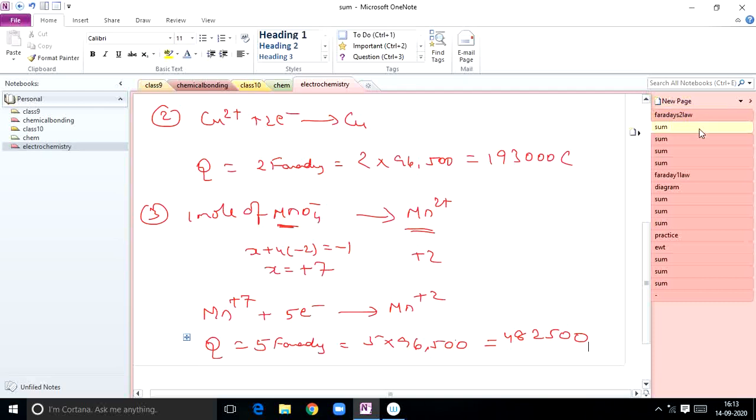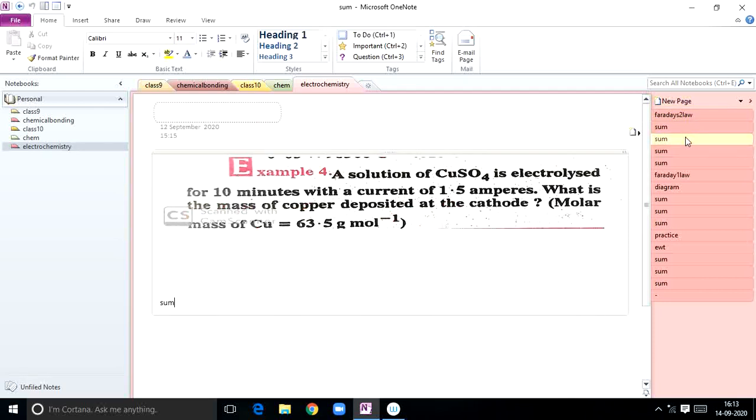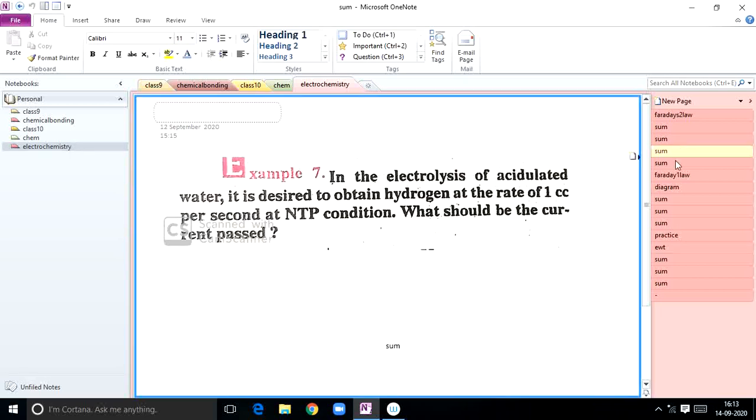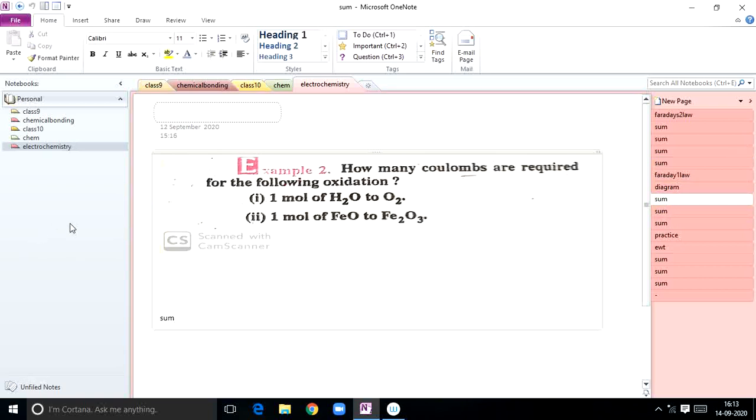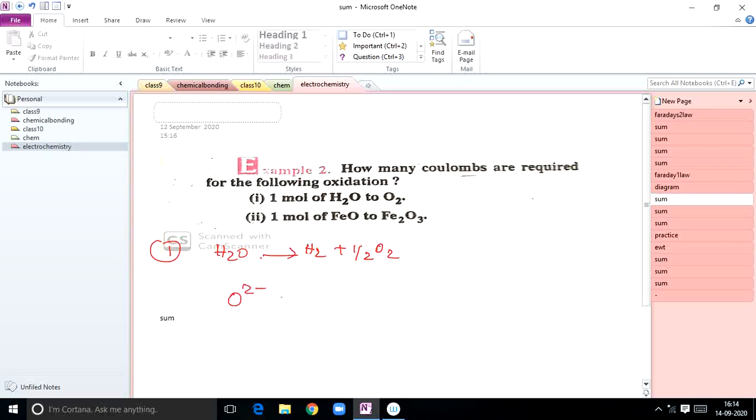Next we will go for example 2. How many coulombs are required for the following oxidation? That is 1 mole of water to oxygen. Actually H2O gives rise to H2 plus half O2. Your oxygen has the charge O2 minus.